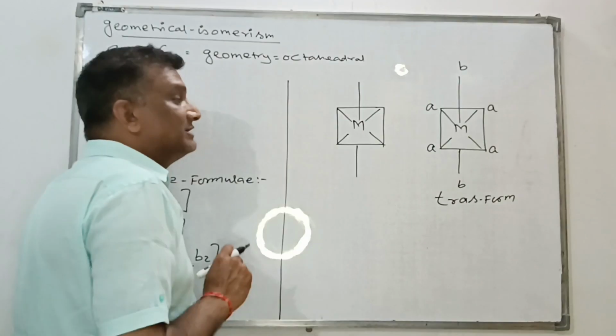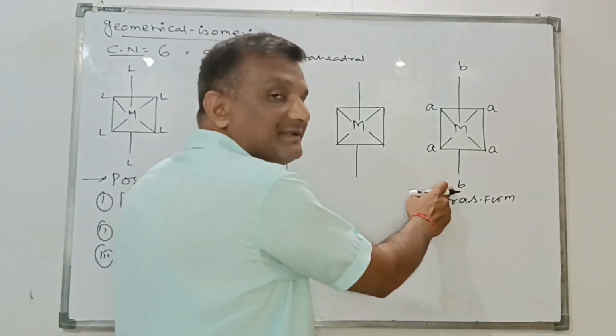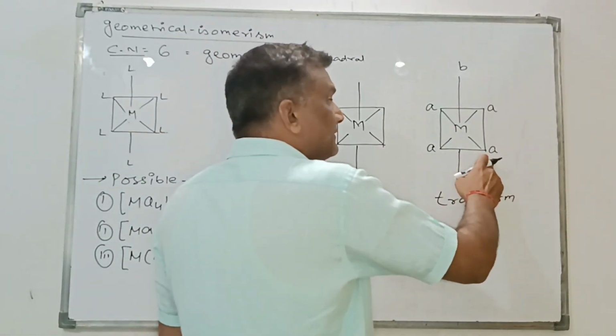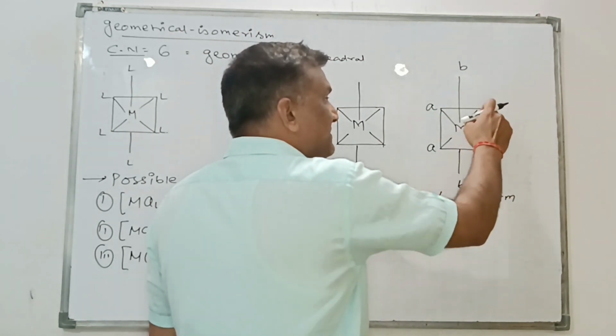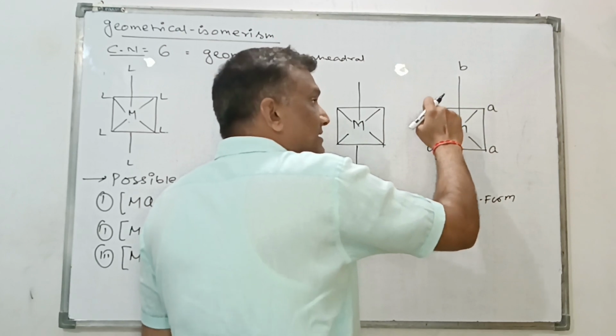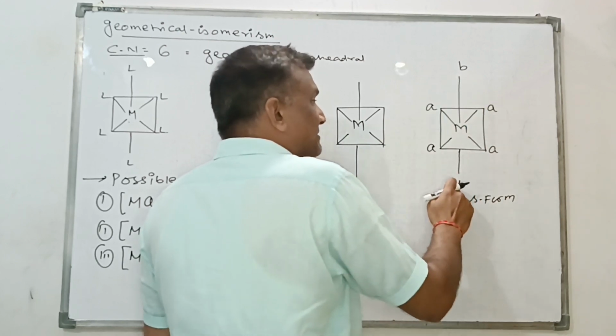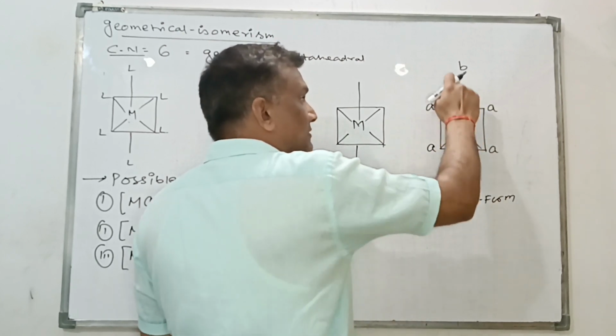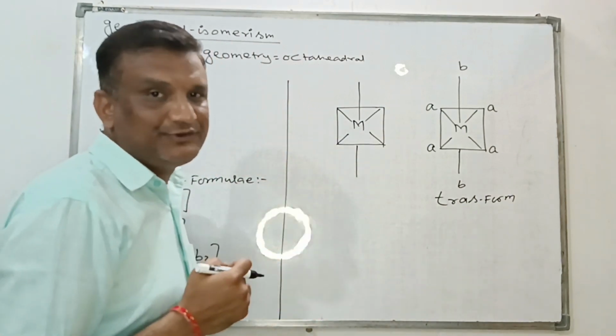If you go with the cis form, then you can keep this B over here, then it will be 90. This B may be over here, then it will be 90. This B may be over here, then this will be 90. This B may be over here, then this will also be 90. Then that is called the cis form.